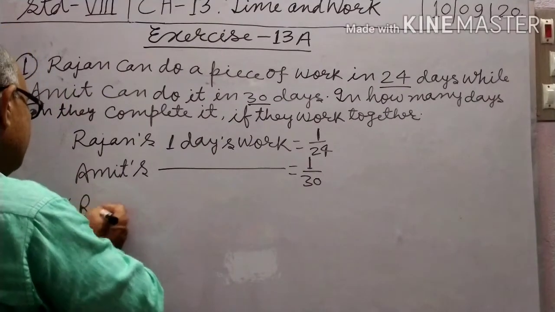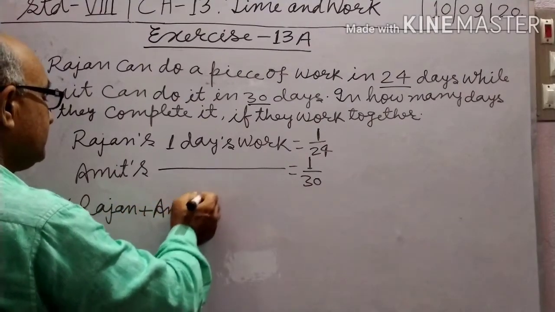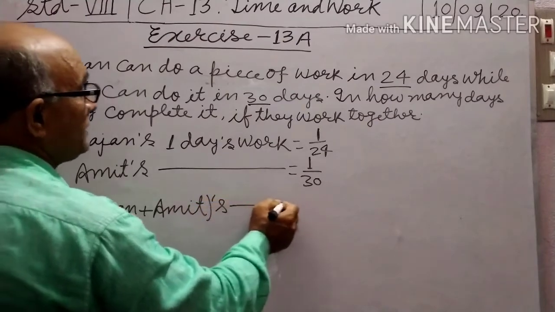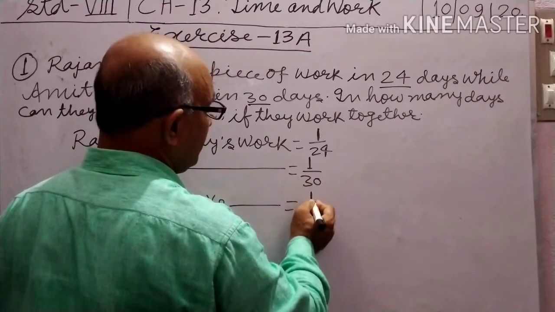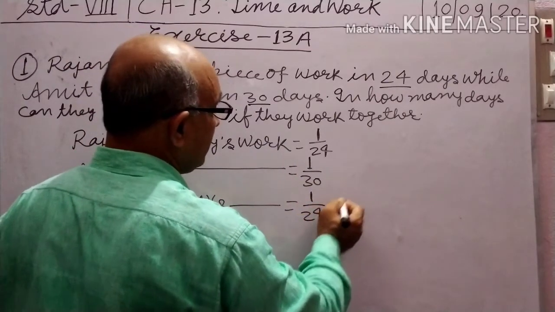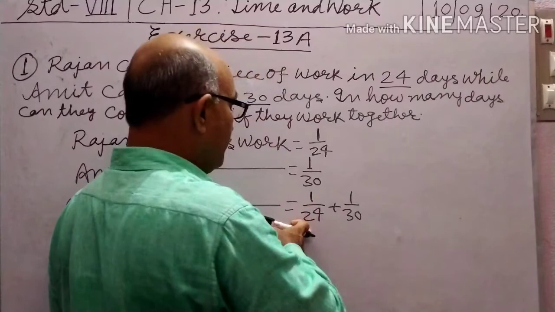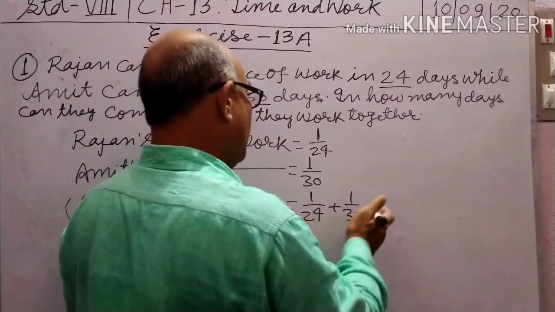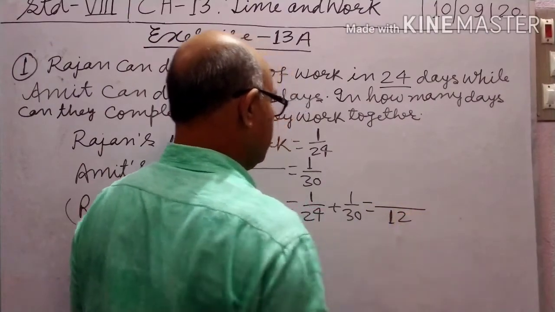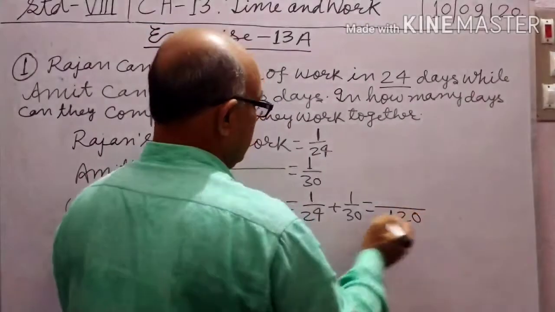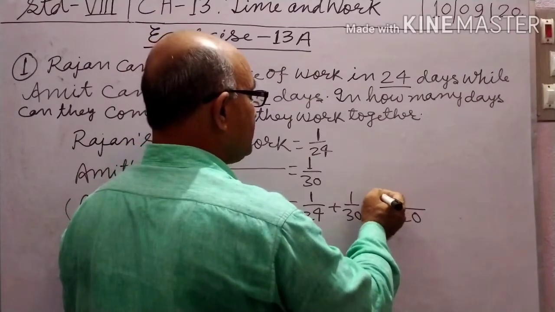So Rajan plus Amit's 1 day's work: add 1 by 24 plus 1 by 30. Find the LCM of 24 and 30, which equals 120. 120 divided by 24: 24 times 5 is 120, so 5.